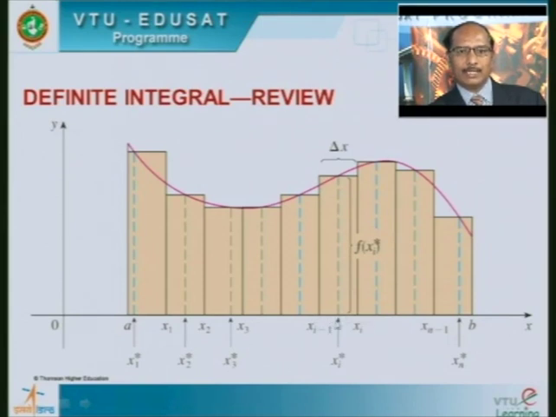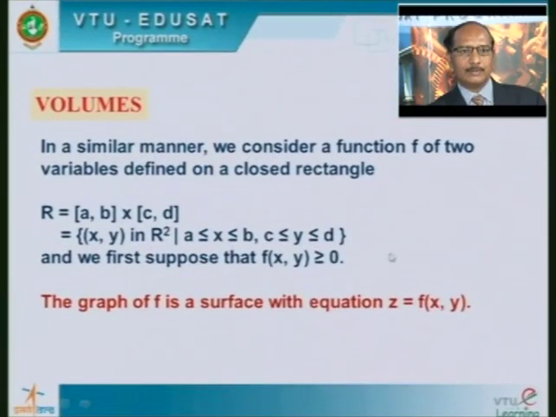You know the area of the rectangle is height into width, length into breadth. So considering the sum of such areas, an infinite number of them, you get the value of the definite integral.